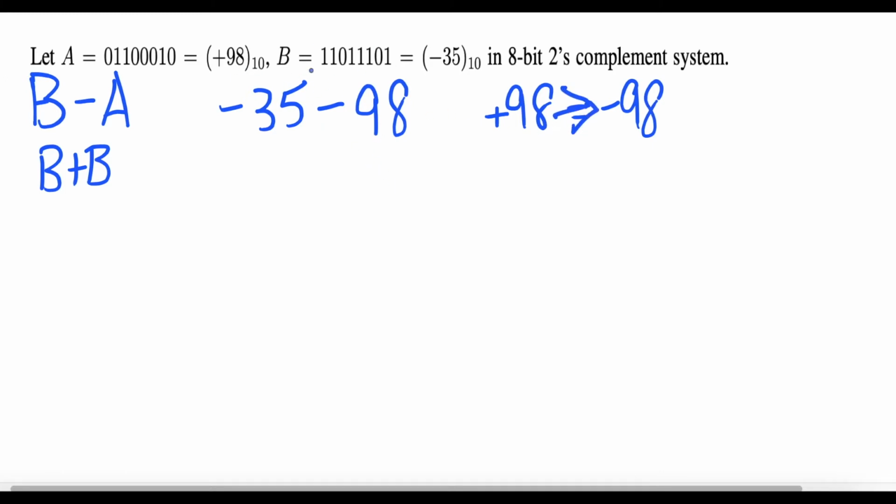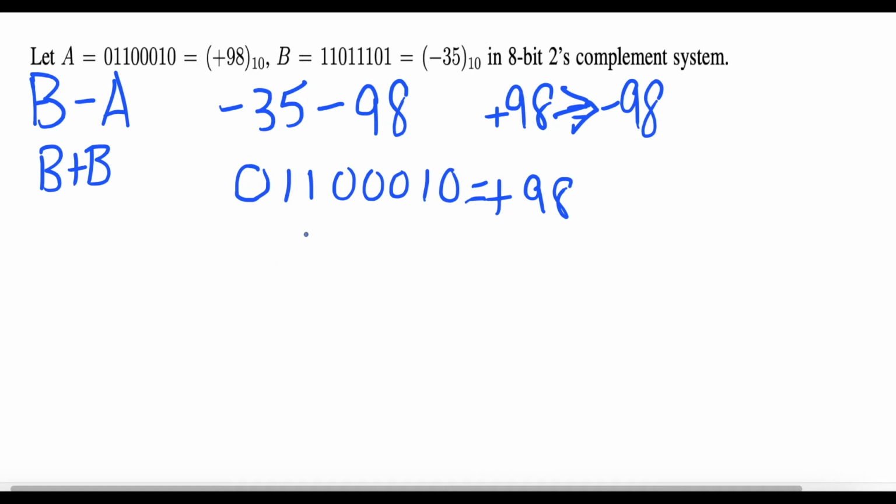Now, how do we do that? We start off with 0, 1, 1, 0, 0, 0, 1, 0, which is positive 98, and we have to put it into negative 98. We just look at the opposite value and write that down, but we leave the last 1 and everything after that the same.